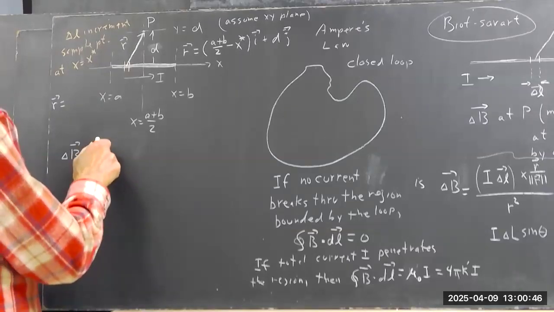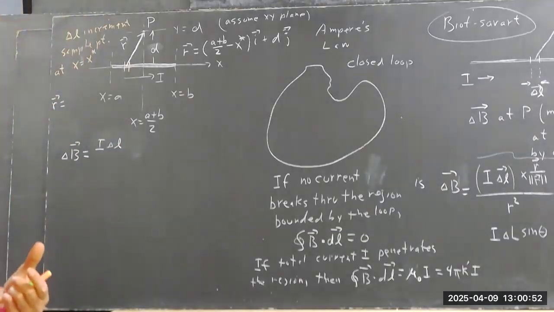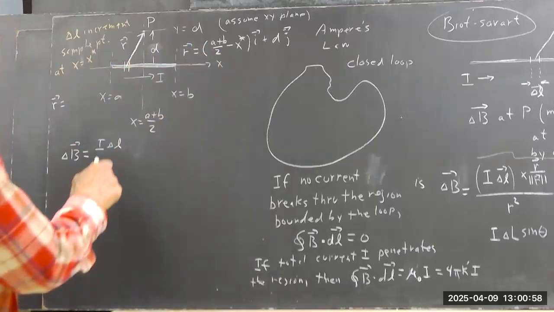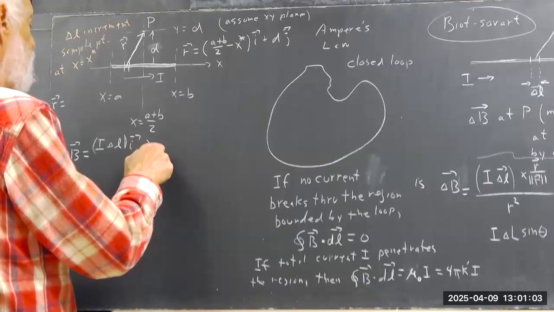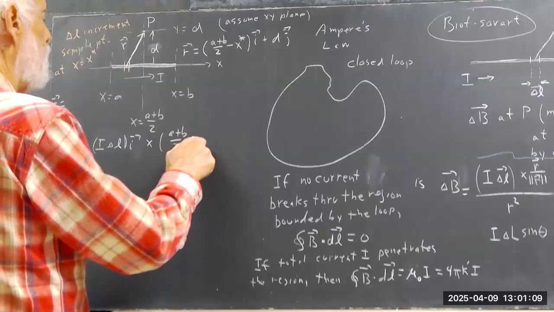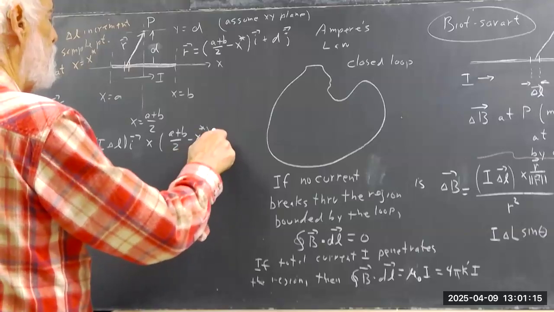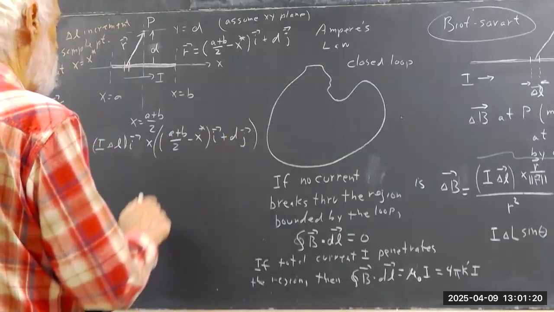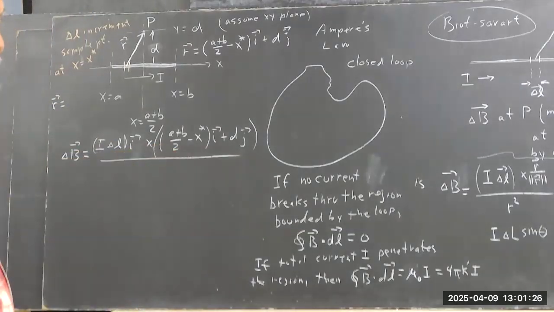I want to write I delta L times a unit vector in the direction of I delta L. What would that unit vector be? Well, we're in this direction, so it'd be the i vector. And we cross that with the R vector.